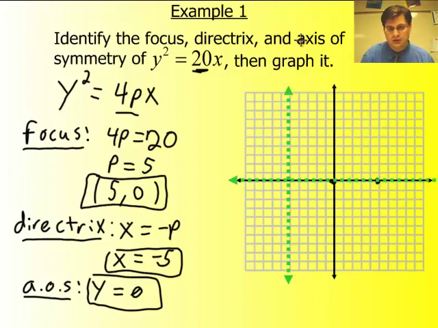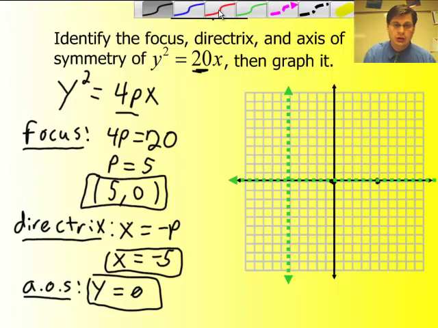Later on we'll shift these, but I'm having you graph them for now so that we're developing good habits for when we do our transformations, but that's going to be much later.